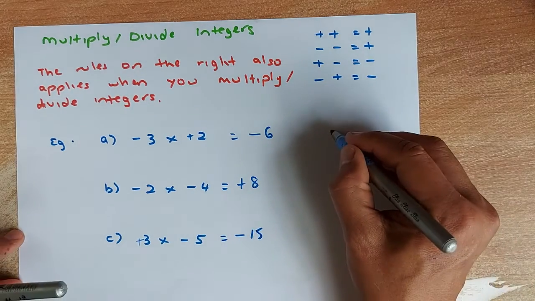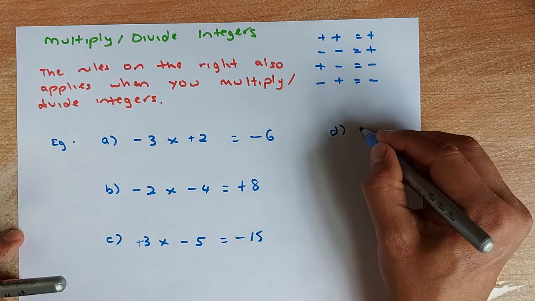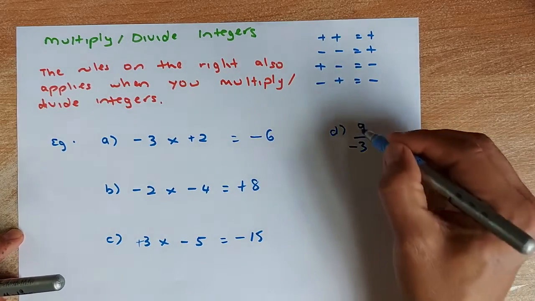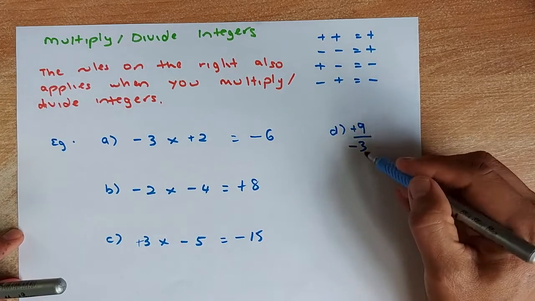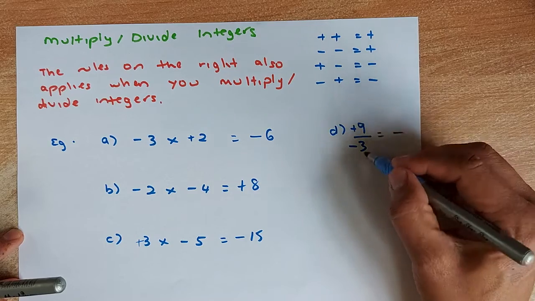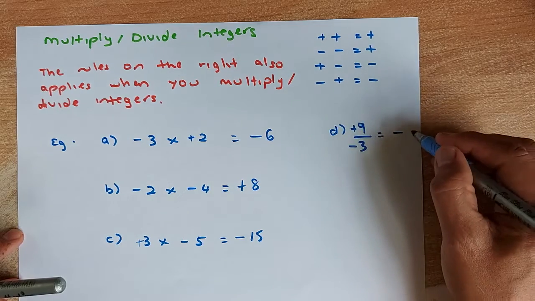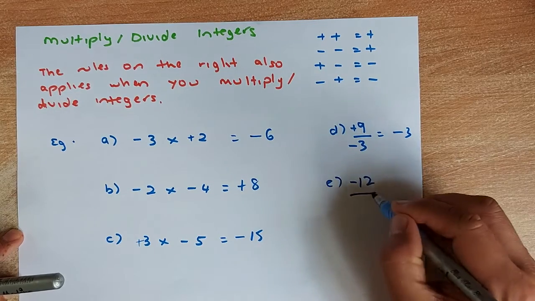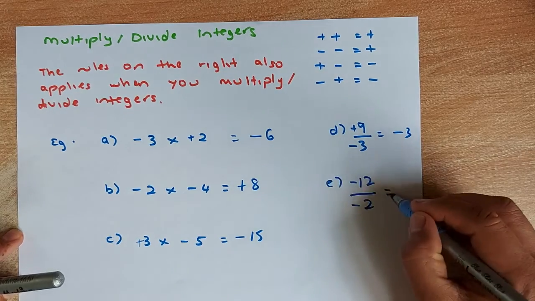And we shall do two simple examples for division. If I say 9 divided by negative 3, you have a positive and a negative. Positive and negative will give you a negative, and then 9 divided by 3 is going to be 3. Now the last one: minus 12 divided by minus 2. Have a go.